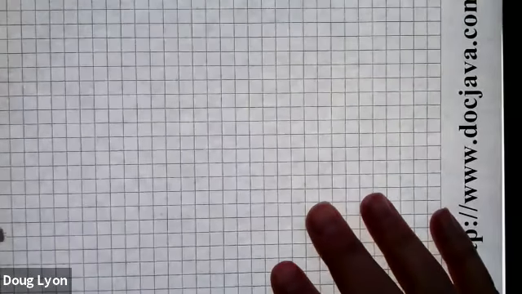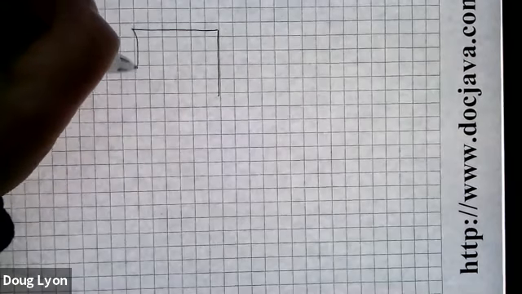Let's see if we can come up with a rationale for this type of looping so that it makes some kind of sense to us. What we'll do is draw a square.